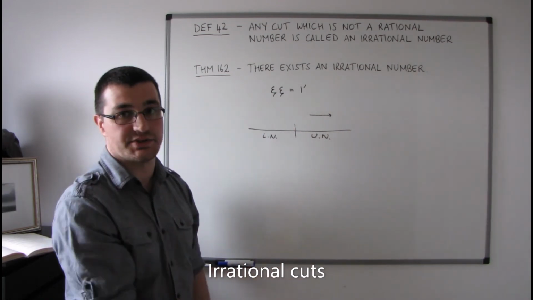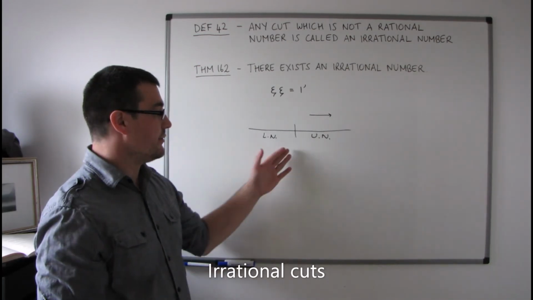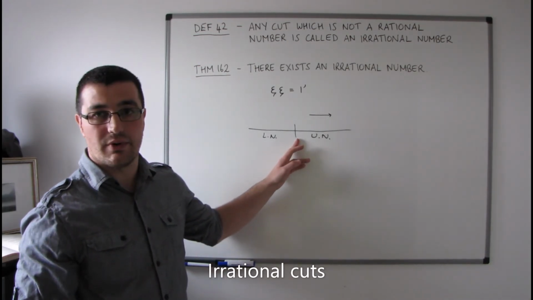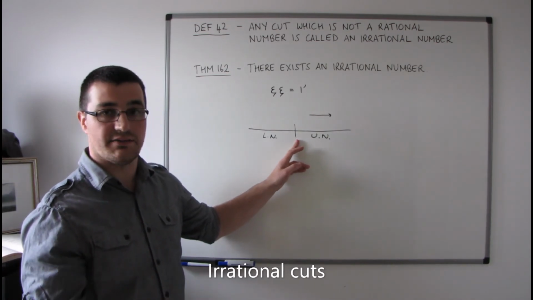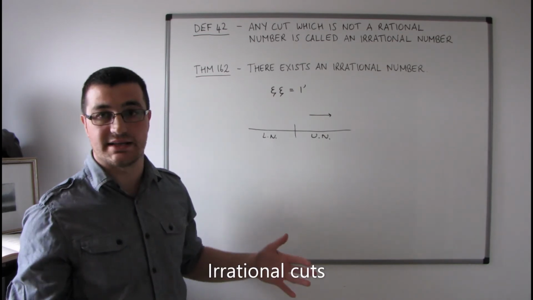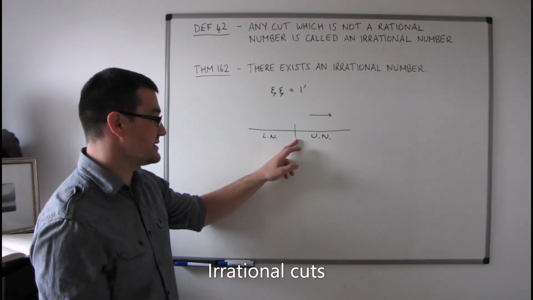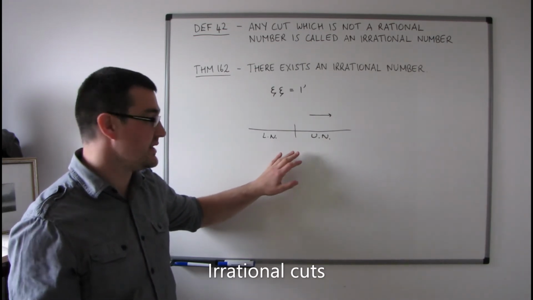We can cut at a rational number and we can cut at an irrational number. But how can we really cut at an irrational number if that irrational number hasn't even been proved to exist? We don't even know that it exists. So I don't like this visualization, at least at this stage.